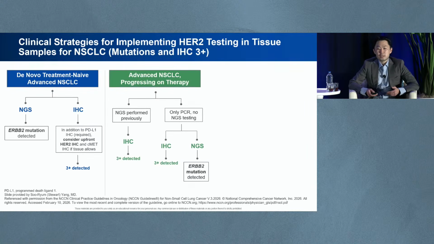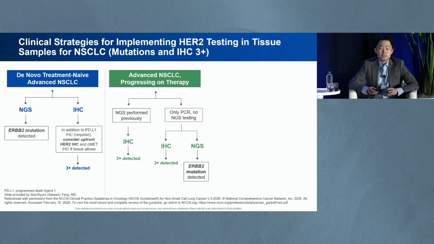And then we can also have patients who have advanced non-small cell lung cancer that are currently progressing on therapy. And now if the NGS has been performed previously and the HER2 status is already known, then there's really no need to repeat NGS for that sort of clinical scenario. Now if it's for resistant targeted therapies, that's a completely different story. But in this scenario, we would just do IHC to look for the overexpression.